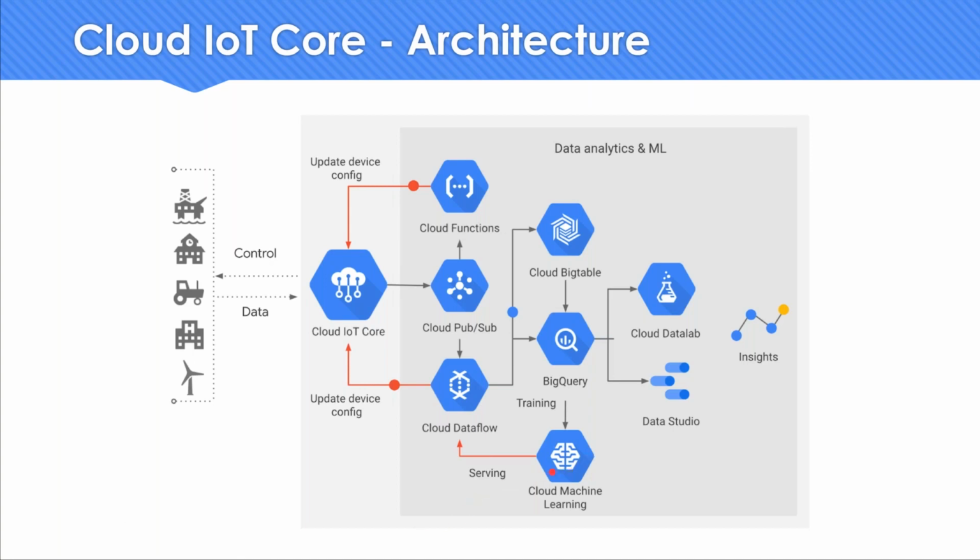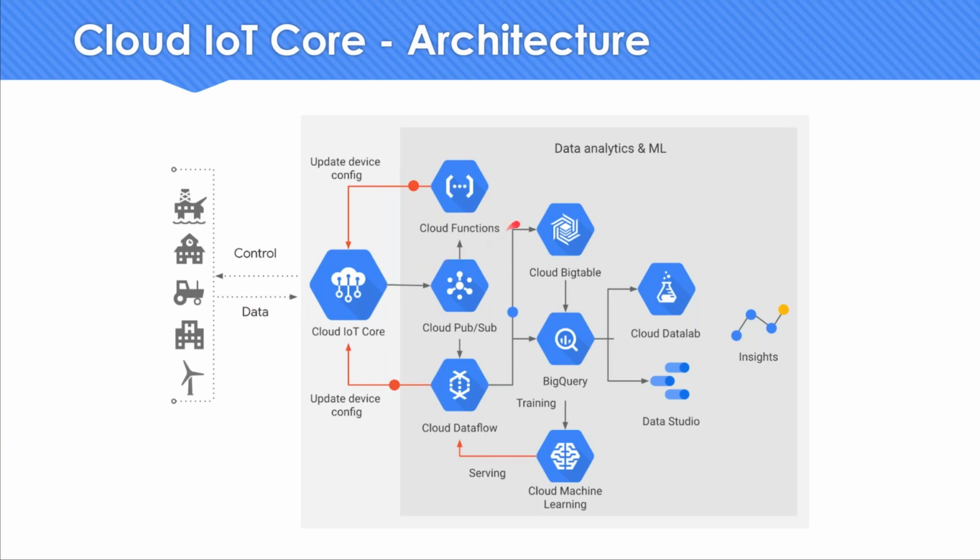Every time you start the engine and it's not moving in the next few seconds, if it stops, the idle time is not set. So maybe you have got that kind of understanding, and you want to update that setting in your device. You can do that. So that's where you see a red color arrow, which is basically updating the device. That's good. So cloud functions also can update the device, is what they are saying.